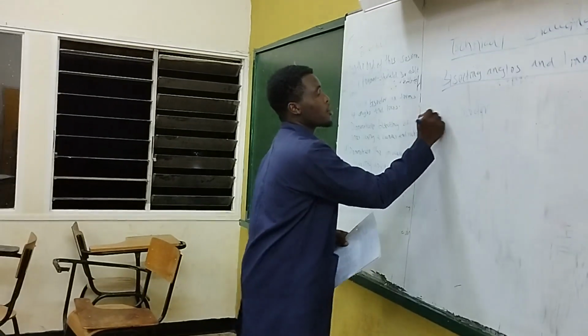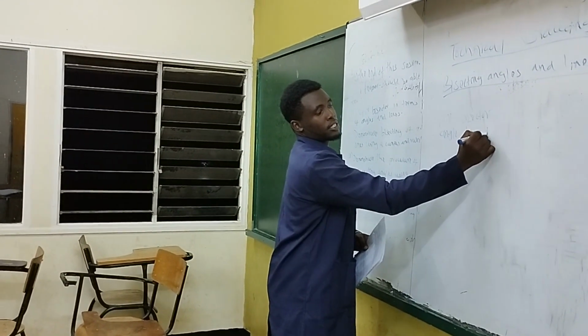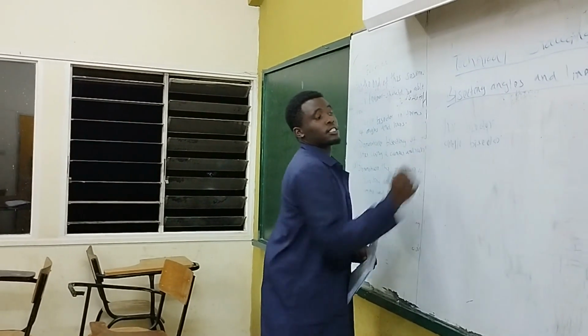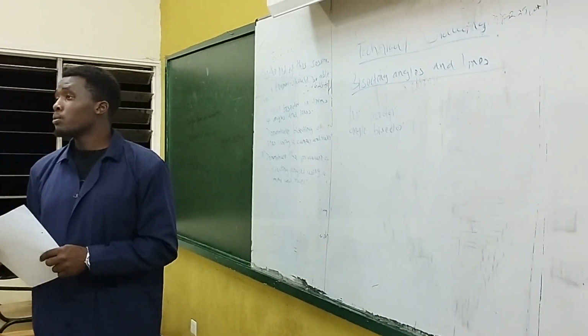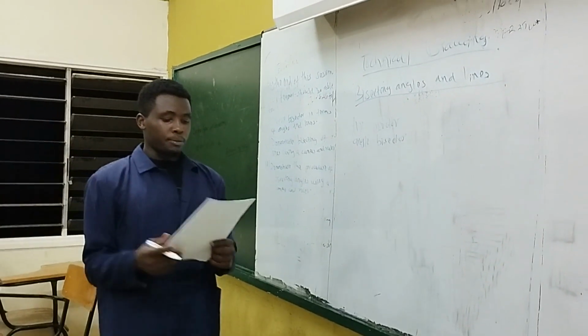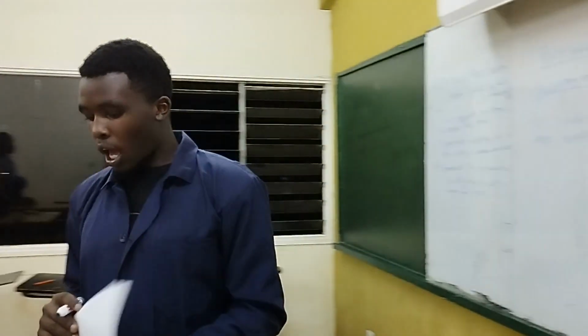What about angle bisector? Dividing an angle into two portions. So we are going to start with line bisector.